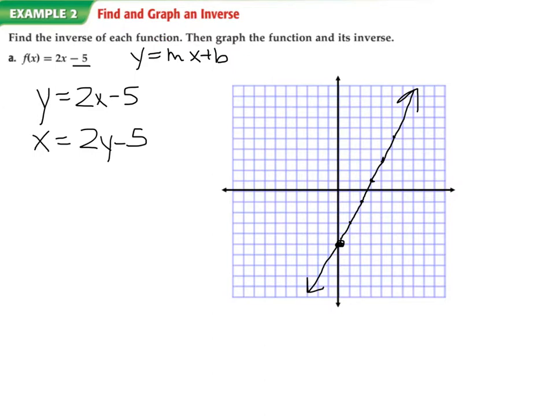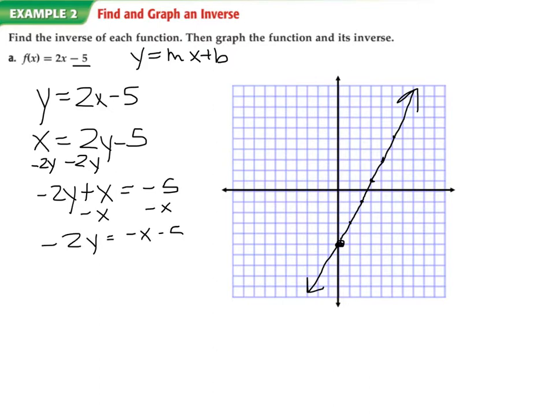So I'm going to subtract 2y on both sides, so I get negative 2y plus x equals negative 5. I'm going to subtract my x on both sides, so that I have negative 2y equals negative x minus 5. Then I'm going to divide everything by negative 2.